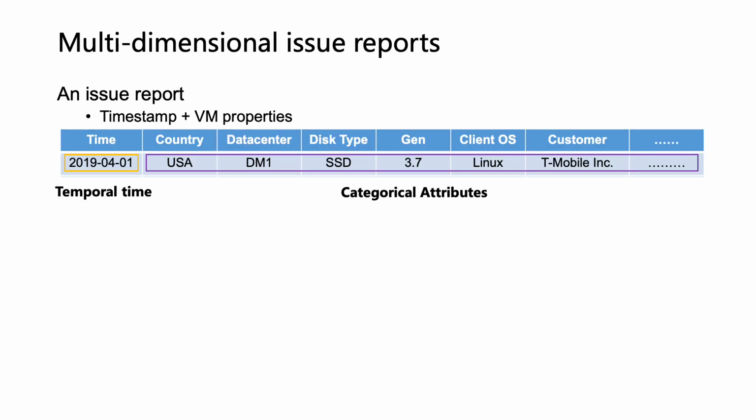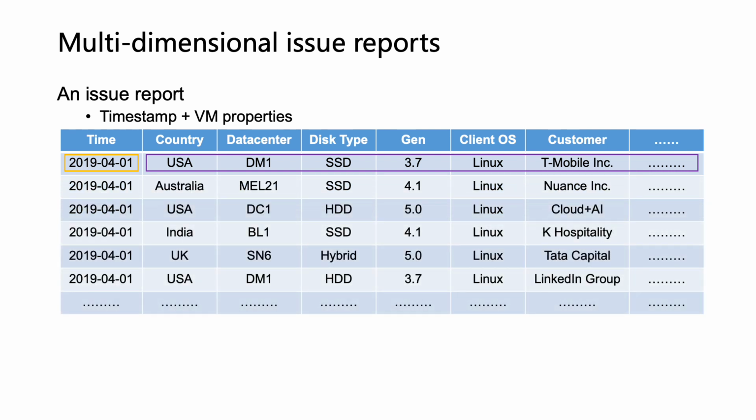An issue report typically contains a timestamp recording the time when the anomalous behavior is detected, and a lot of categorical attributes describing the VM properties. For a large-scale cloud system, there would be a huge amount of issue reports. So, we can treat a set of issue reports as multi-dimensional time series data.